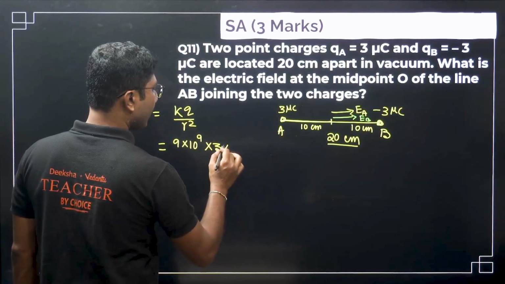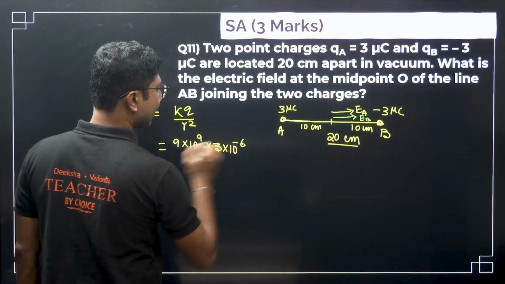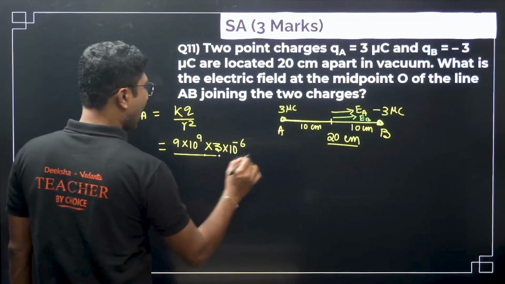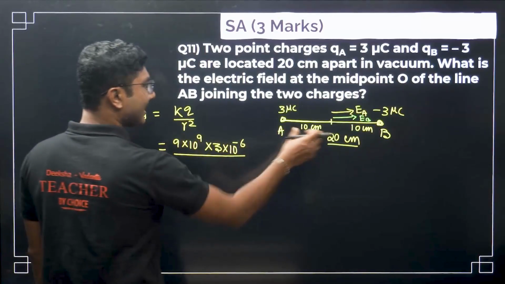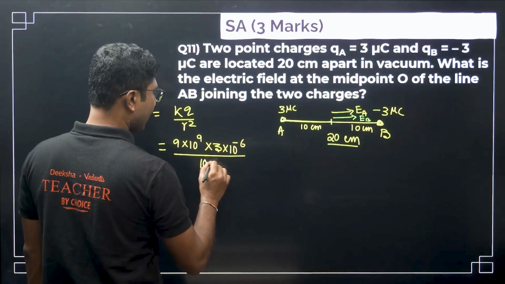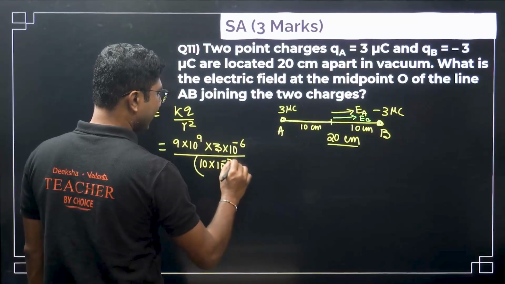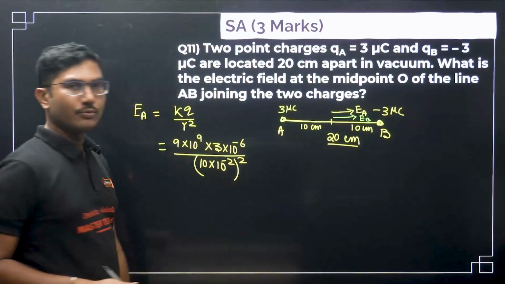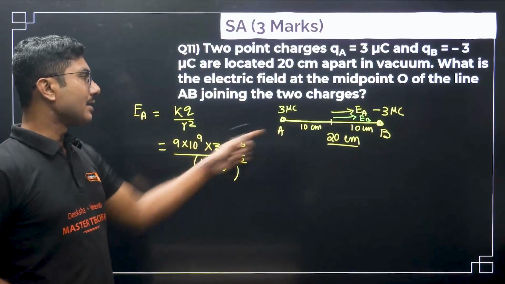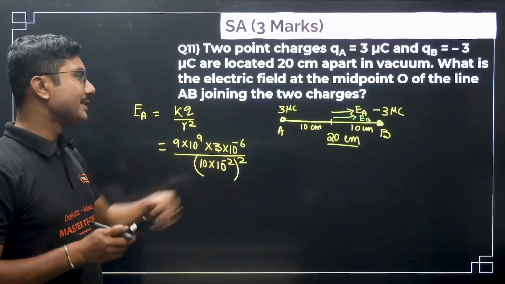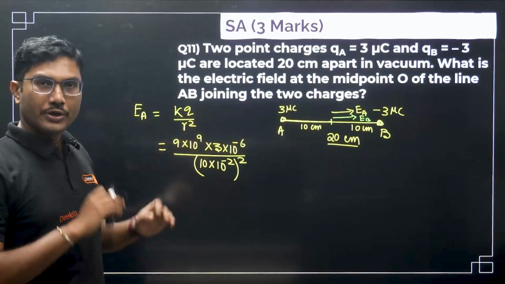3 micro means 10 to the power of minus 6. Micro means 10 to the power of minus 6. R square: what is the distance? 10 centimeter. 10 centimeter means 10 into 10 to the power of minus 2. Remember this trick, it will be very helpful. You can directly convert centimeter to meter. If it is given in meter, fine, you don't need to do anything.